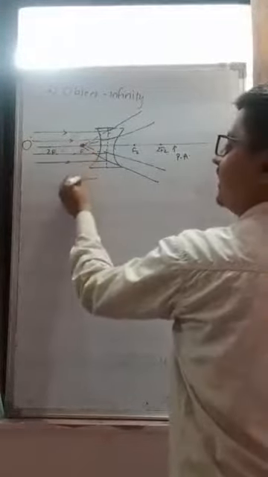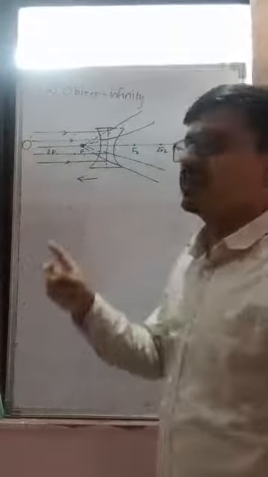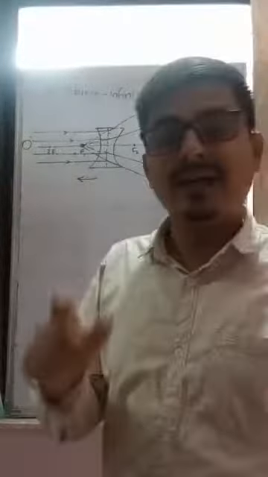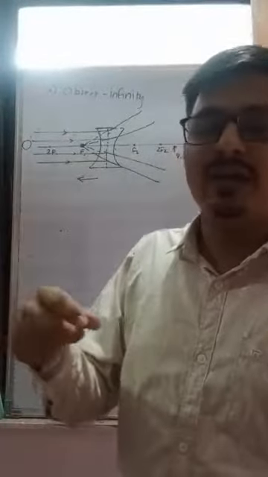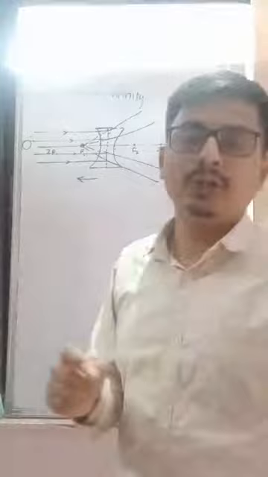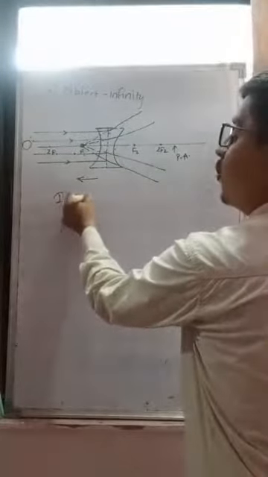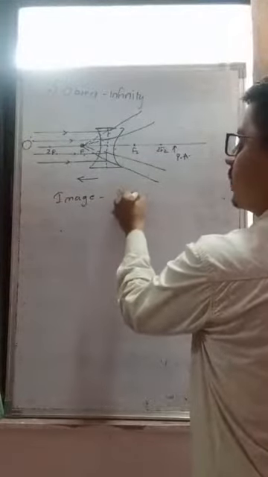That means when the object is kept at infinity, its image will be obtained at the focus, on the left-hand side of the concave lens. But this image is not actually formed by actual refraction. Rather, we are extending the refracted rays backward and forcing these rays to meet at a particular point. That's why this kind of image we call virtual, and also it is erect.